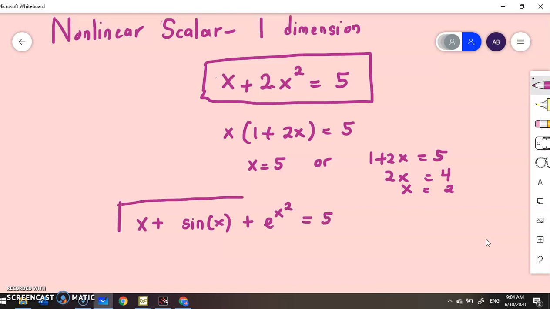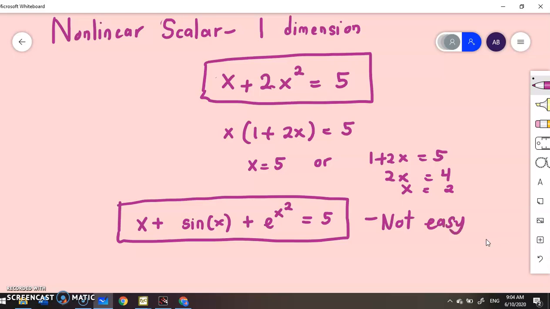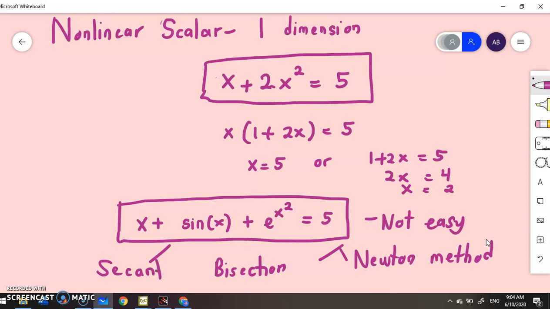How can I solve this nonlinear one-dimension equation? It's not that easy. But with numerical methods, you can use the Newton method. There are 3 methods: Newton, bisection, and also secant. These are the methods that you'll be learning for nonlinear scalar.